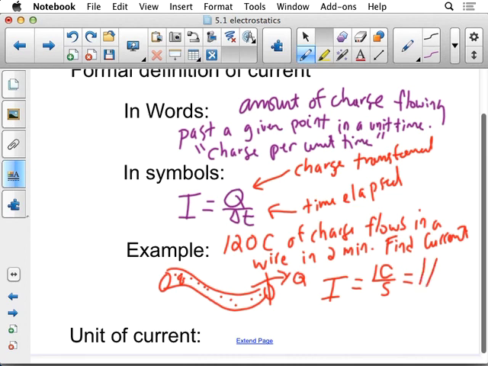Now, this is given a special name, 1 ampere. So the unit of current is the ampere.